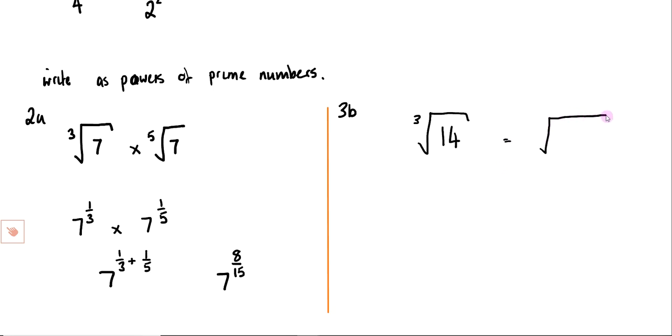So we've got the cube root of 7 times 2, which can be rewritten as the cube root of 7 multiplied by the cube root of 2, which then gets rewritten as a product of powers of prime numbers, right?